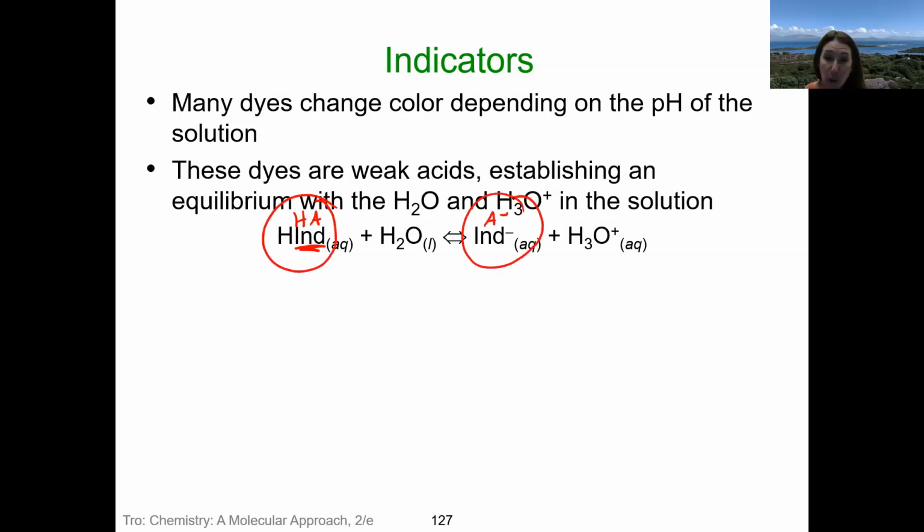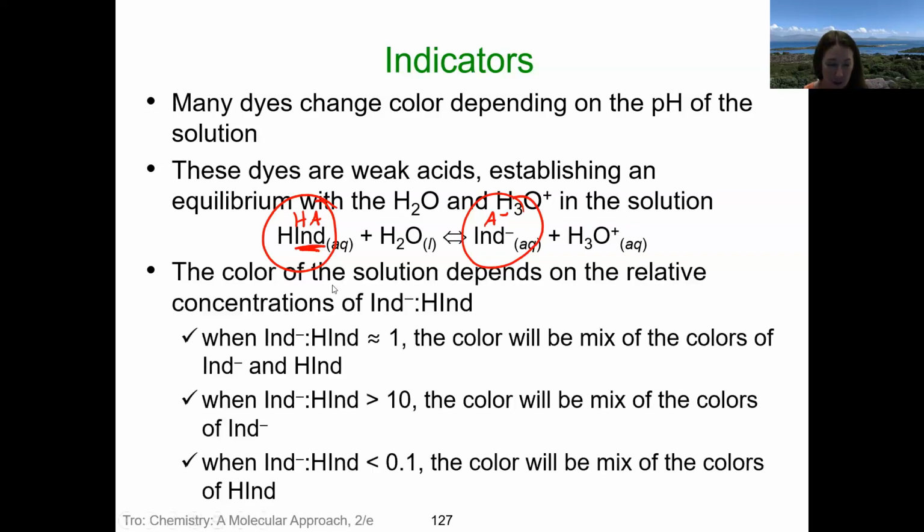Before the endpoint, it'll be one color, and after the endpoint, it's another color. When there are equal amounts of A minus and HA, like when the pH equals the pKa, which was on your quiz today, you get a blend of both colors, a mix of both the acid and the conjugate base color.